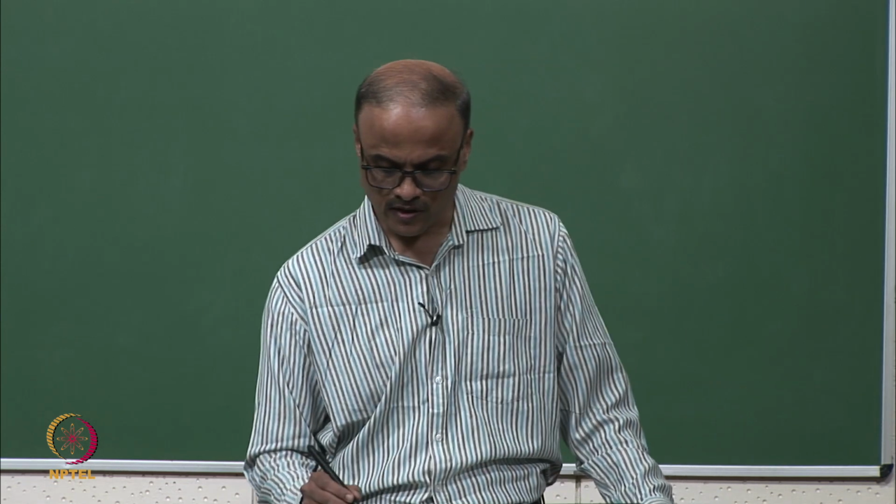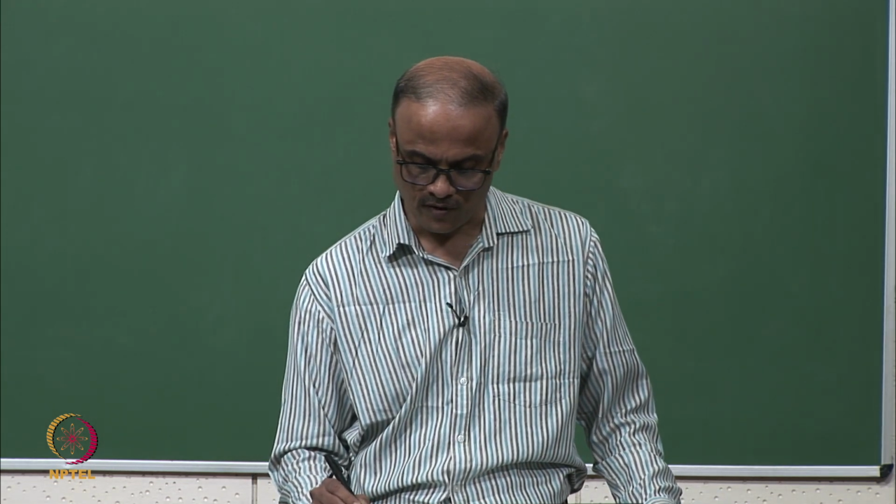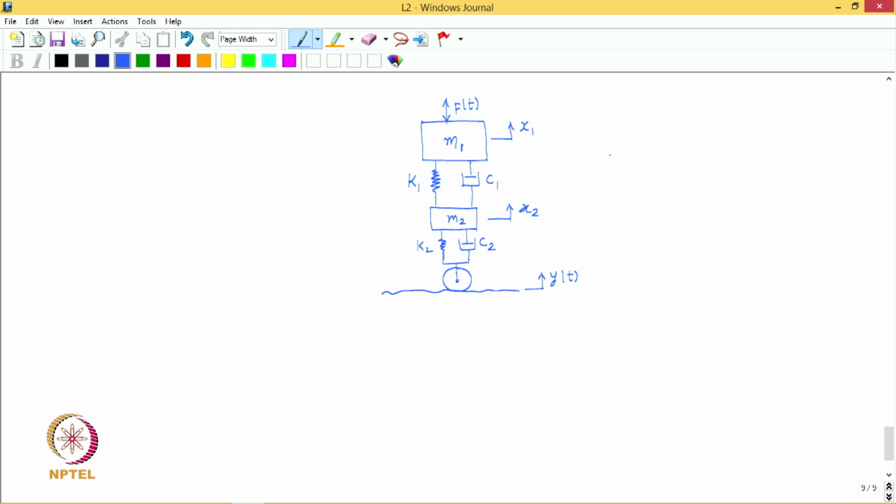Now, in this case we see that there are 2 degrees of freedom, degree of freedom 1, degree of freedom 2. So, therefore, it is a 2 DOF model. Okay. So, this model more accurately represents the distribution of mass, stiffness and damping in the system.